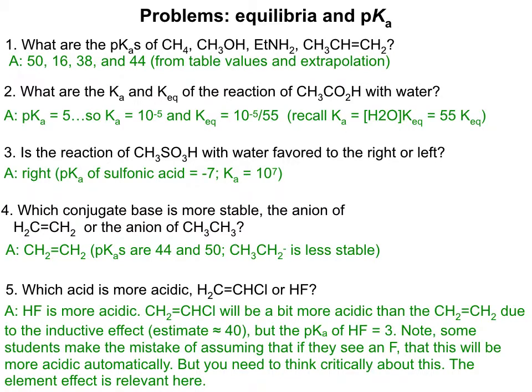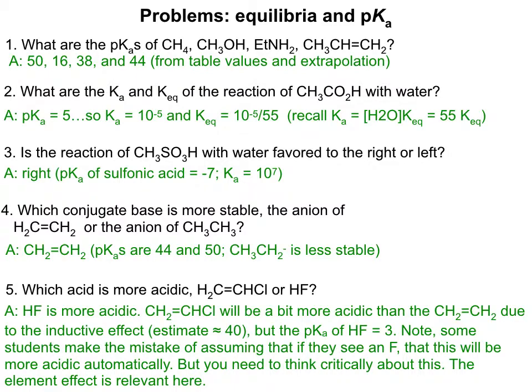So it's actually a pKa of around 3. But the alkene proton is going to be a pKa of around 40. Might be a little more acidic because of the inductive effect of that chlorine, but it is not going to be a lot more acidic. So in any case, the HF is much more acidic.